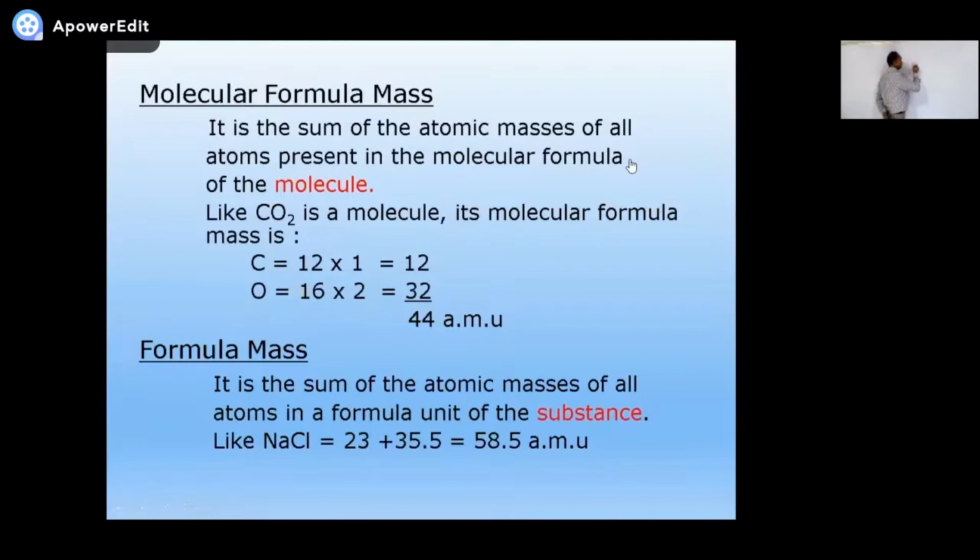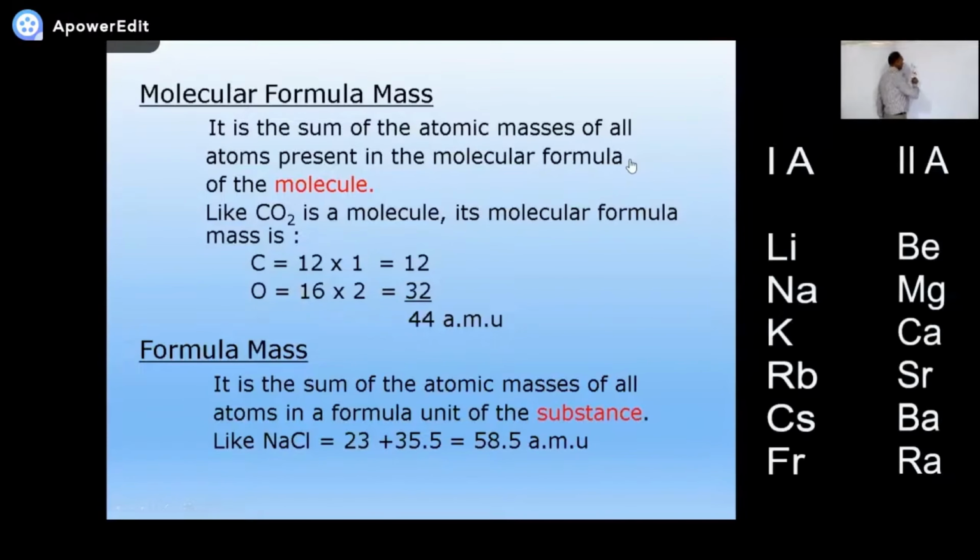Lithium, sodium, potassium, rubidium, cesium and francium. And then for group 2, beryllium, magnesium, calcium, strontium, barium and radium.